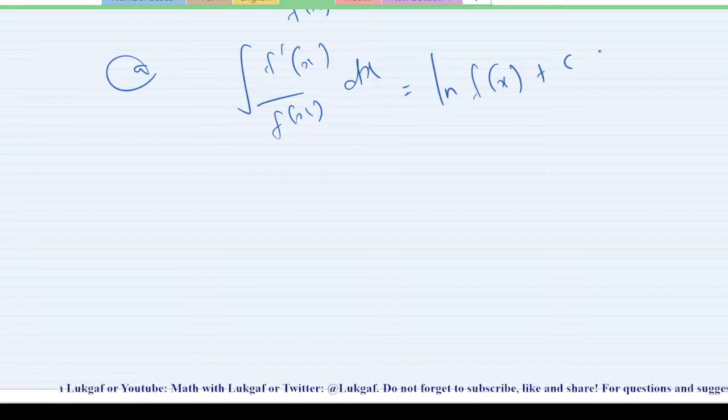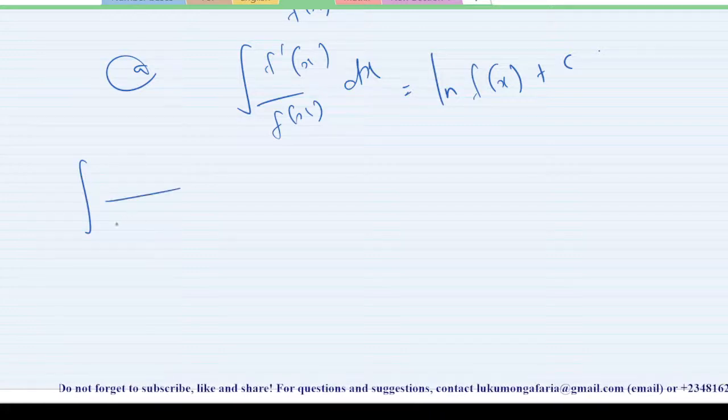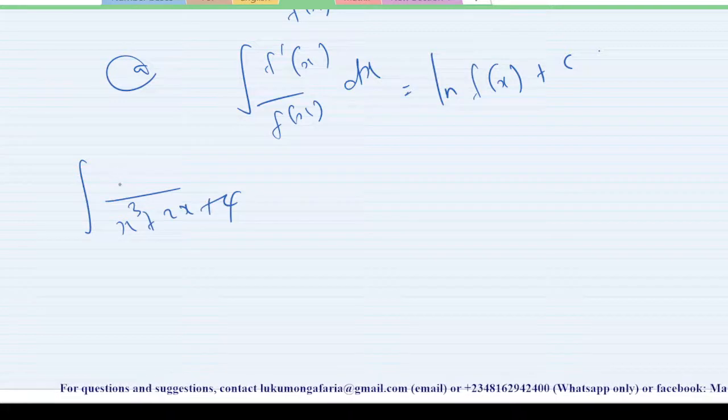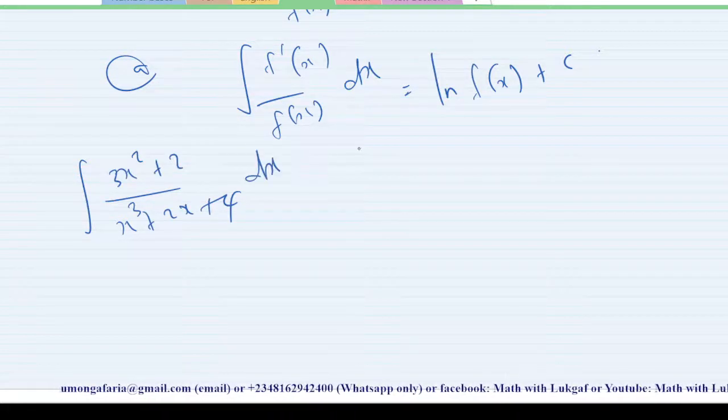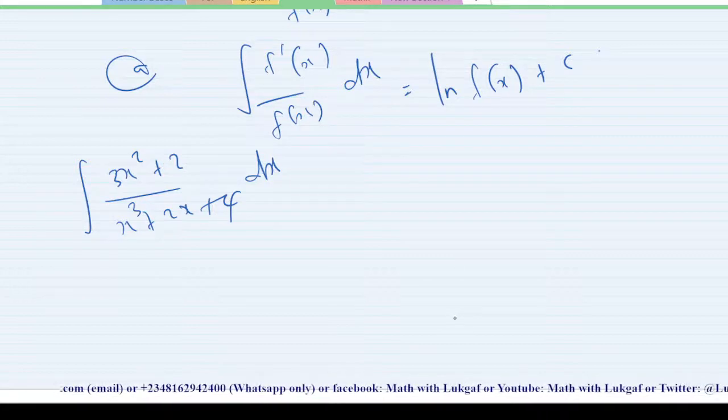If you don't understand what I said, take for example the integral of 3x squared plus 2 over x cubed plus 2x plus 4 dx. If you check this integral very well, the denominator is x cubed plus 2x plus 4.